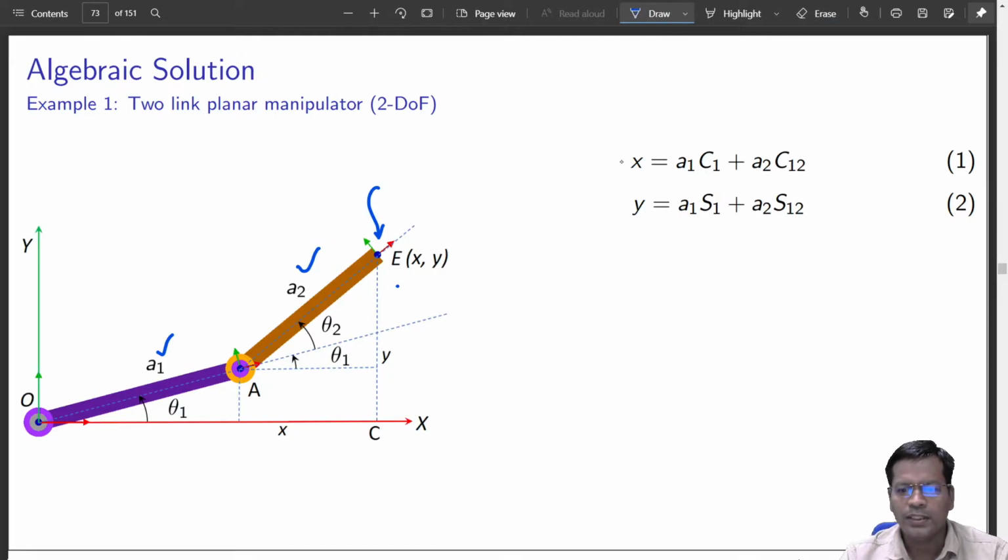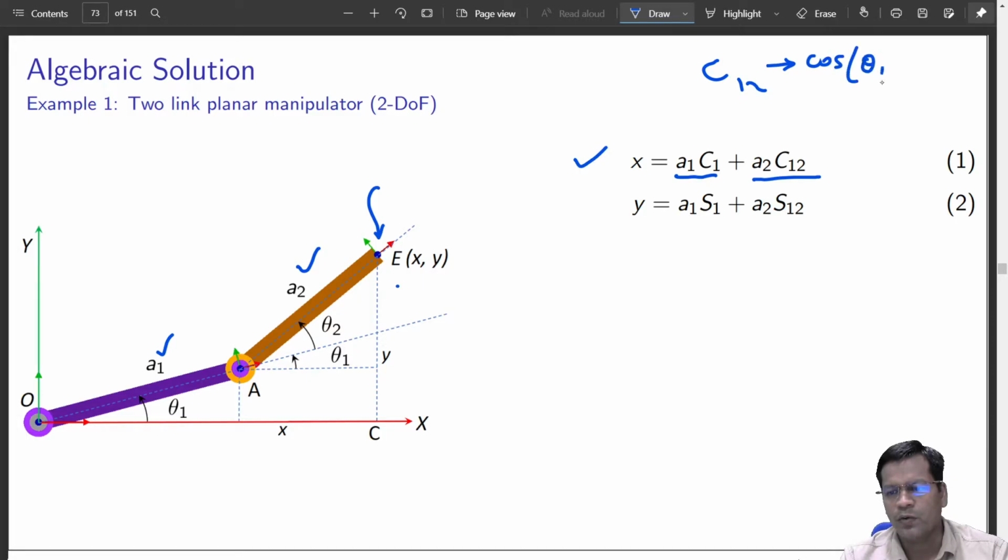So what are they? x is equal to a1 cos theta 1 plus a2 cos theta 1 plus theta 2. As you know, C12 means cos of theta 1 plus theta 2. These are simple. This forward kinematics can be done by the DH parameter technique or simply by projection. Over here you can directly visualize this.